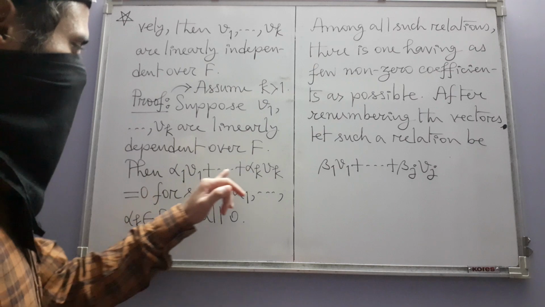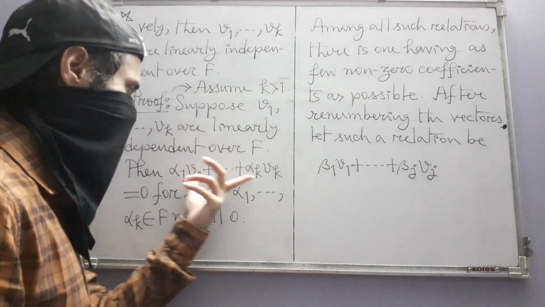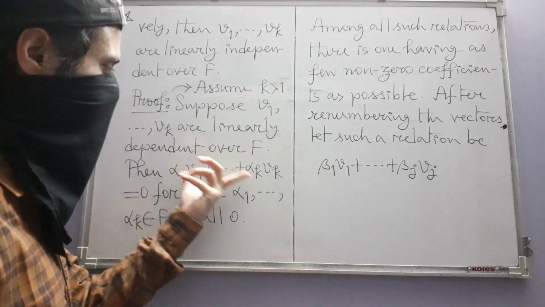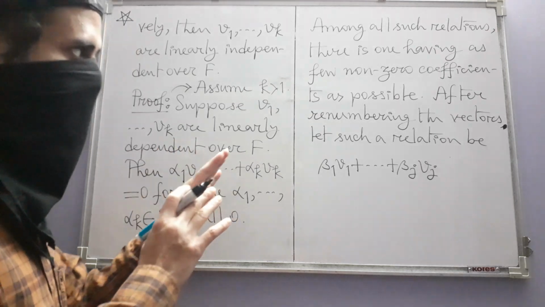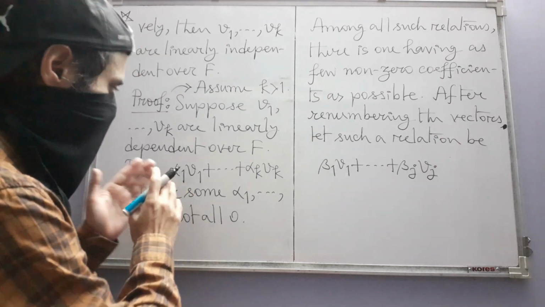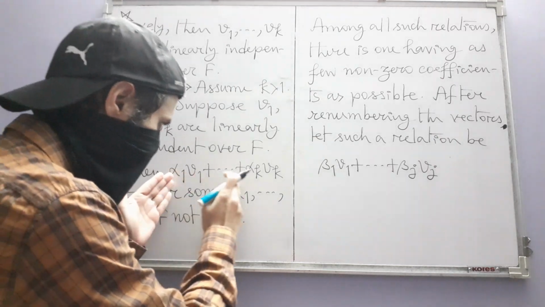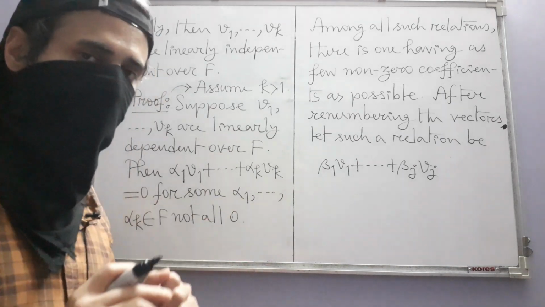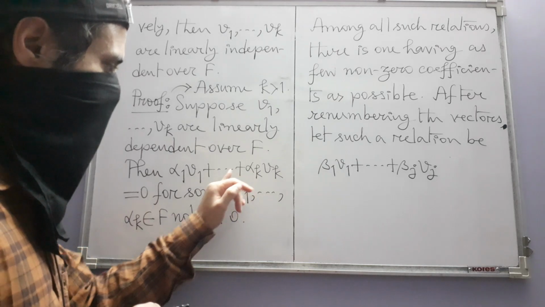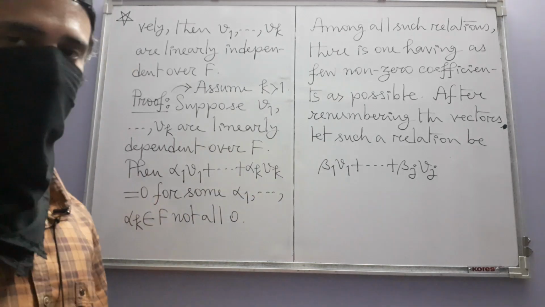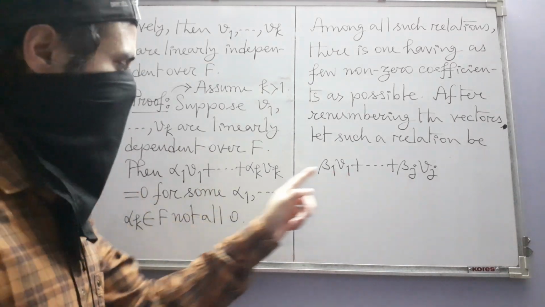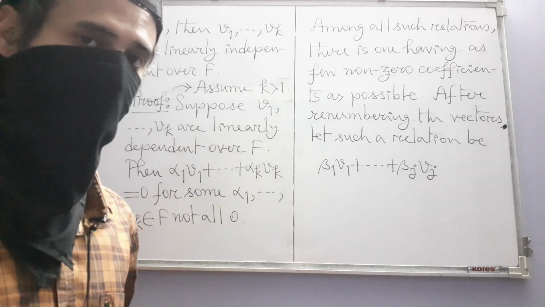I mean, we don't really know whether in this relation all the alphas are going to be non-zero. Maybe this itself is the smallest possible, in the sense of having as few non-zero alphas as possible. Maybe the situation is such that actually all the k alphas need to be non-zero. If you have one of them 0, then you do not get 0. But in general, this j that you see here is going to be less than or equal to k.